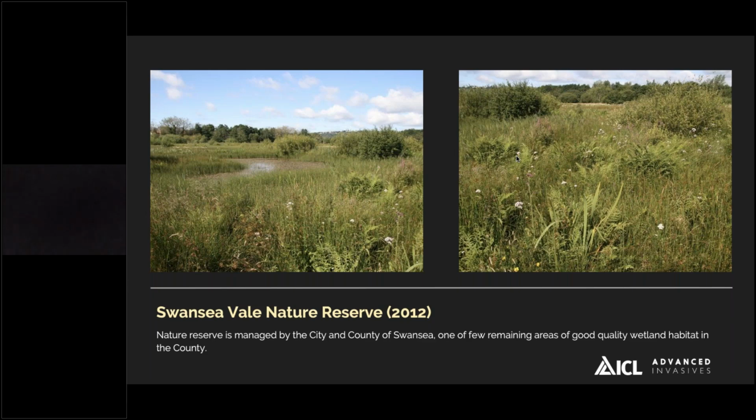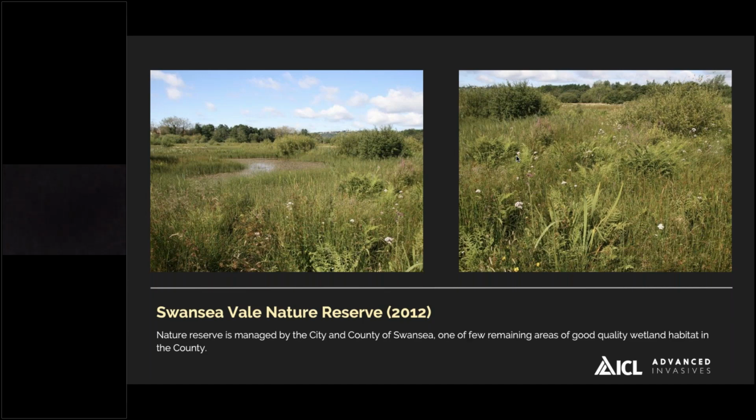The problem with this particular site is that the owners and those involved in its management don't really want to use herbicides. So at present, there are quite large volunteer groups that do a great job pulling out balsam in certain areas of the site, and they do pull out a large volume of balsam.